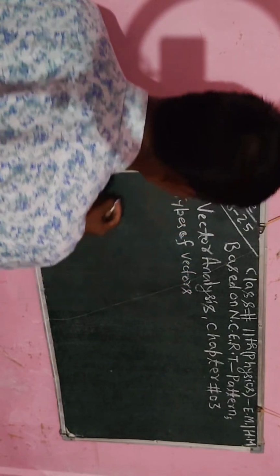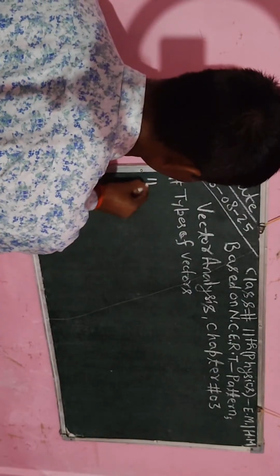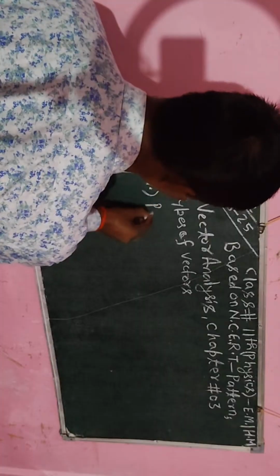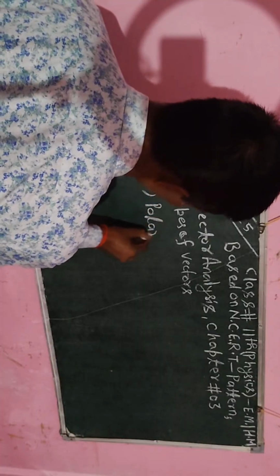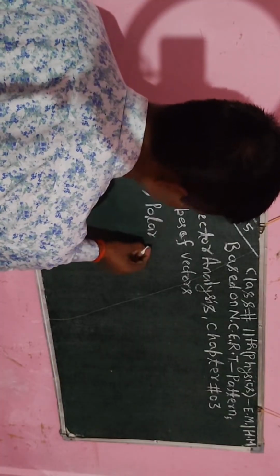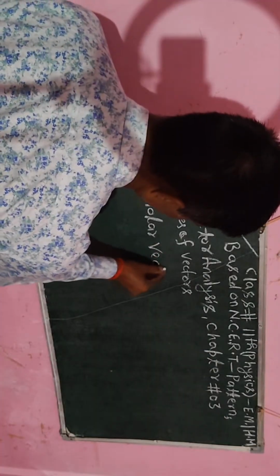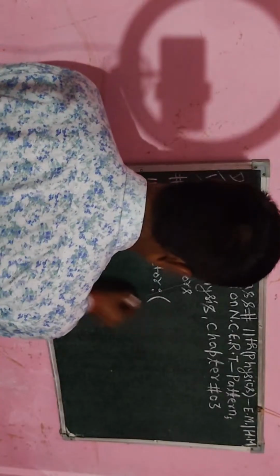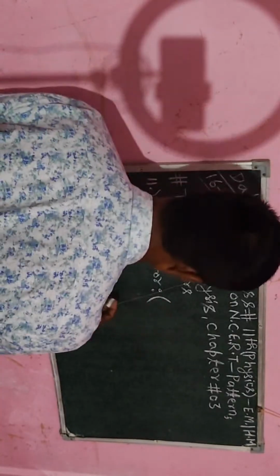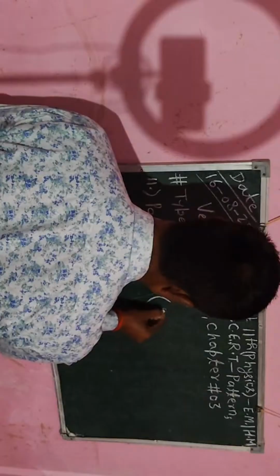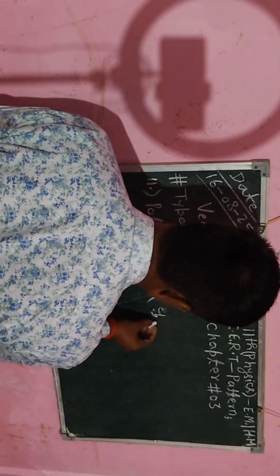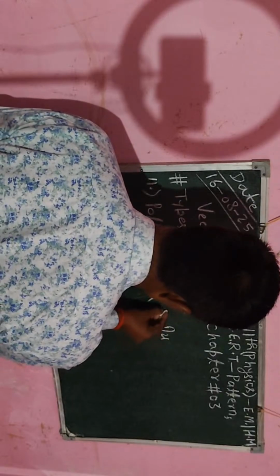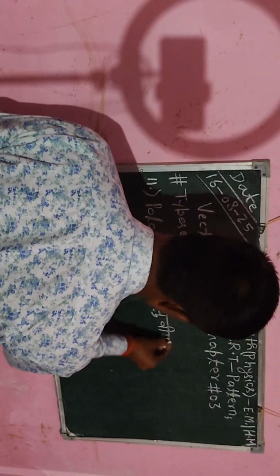Here I have to explain point number 11, that is the polar vector. Here I will explain its meaning also in Hindi, that is Dhruvi Sadish.